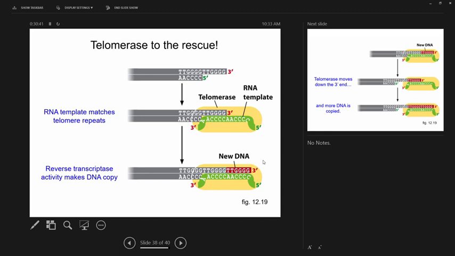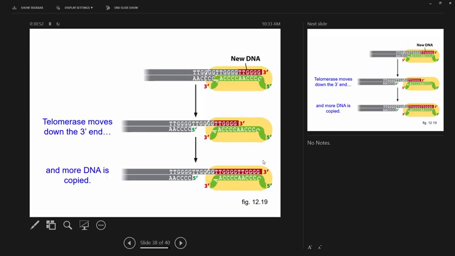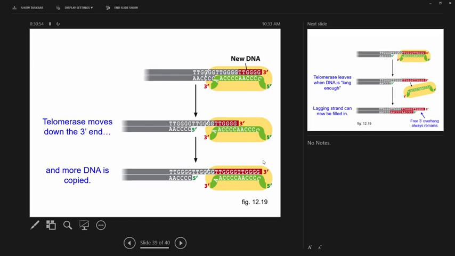After this synthesis is done, the helicase breaks the bonds that are holding the template onto the newly synthesized DNA, and it moves down 6 bases. And then the process repeats. Add more DNA with the reverse transcriptase activity, then the helicase activity will cause this to be released. It moves down again, and rinse and repeat, right?